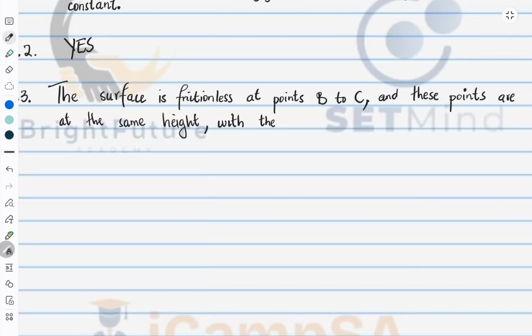Because alternatively we could say, well, the points B to C are frictionless and these points are at the same height, and then since mechanical energy is conserved, they are okay.